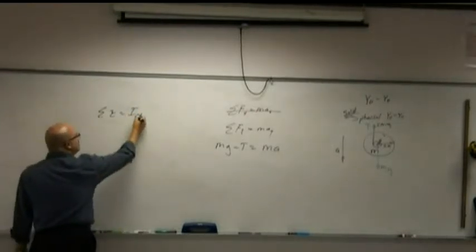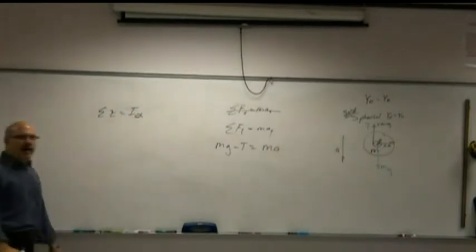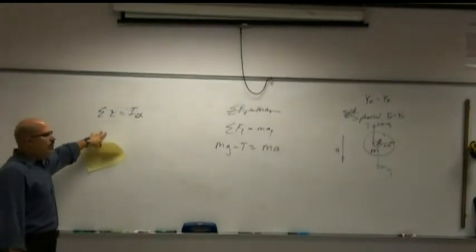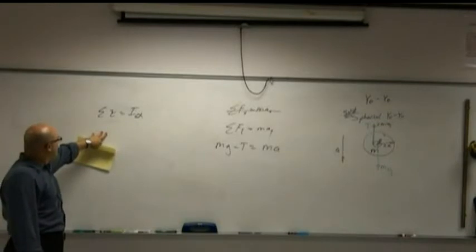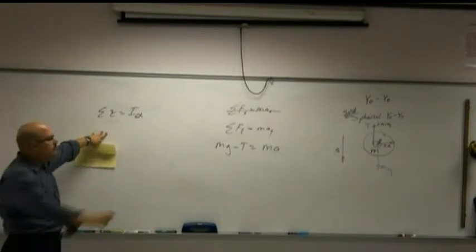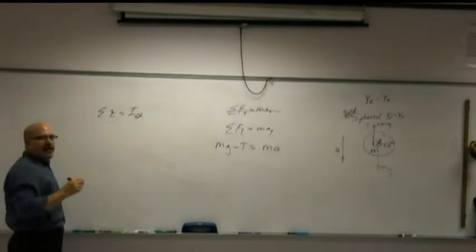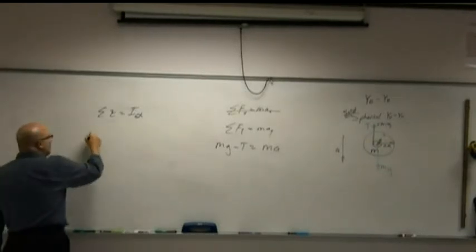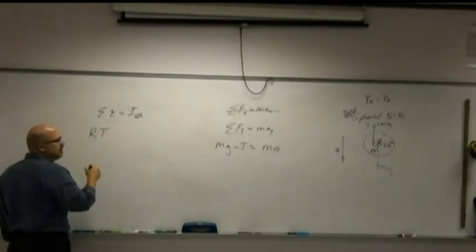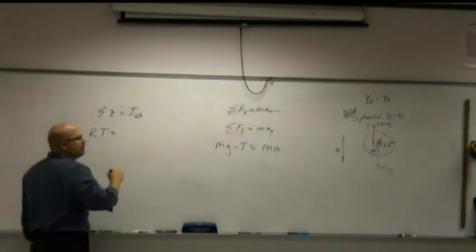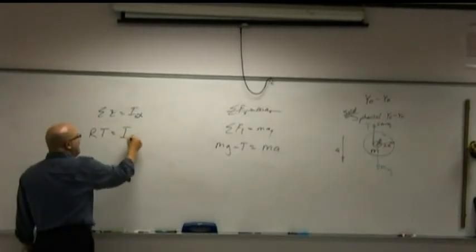Now, what does this look like? Torque equals r T. RT equals I alpha.